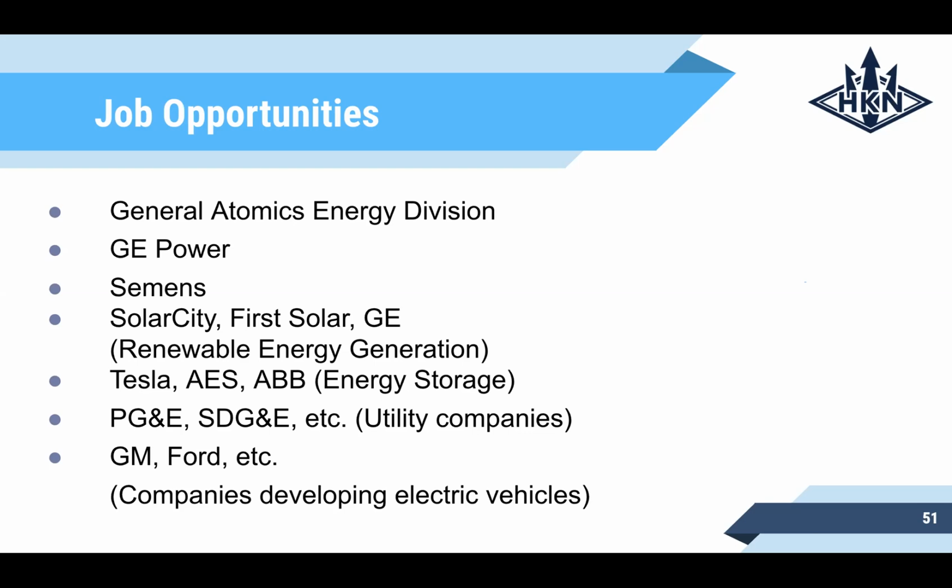Other ones are General Atomics. I talked to a previous alumnus from UCSD about power systems on naval ships, so that's something you could do as well. I don't know too much about Siemens, but I know that utility companies definitely are a big one, especially in different areas of research, and the obvious electric vehicles, which relates more to ECE 124.